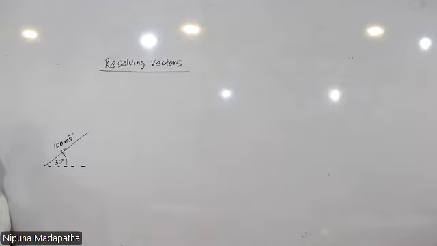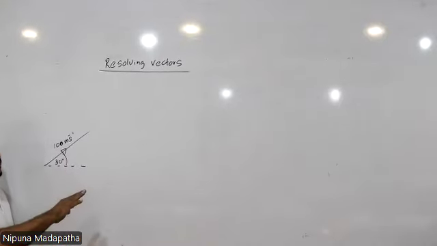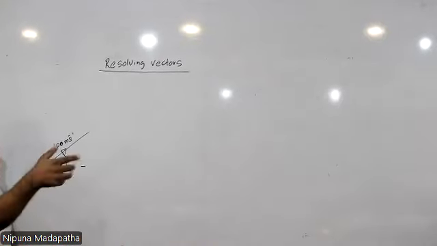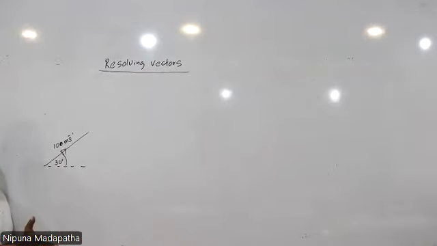That means if we have two vectors, the resultant is one vector which gives the effect of the two vectors. So how about the opposite of it? Can a given vector be broken into two vectors?